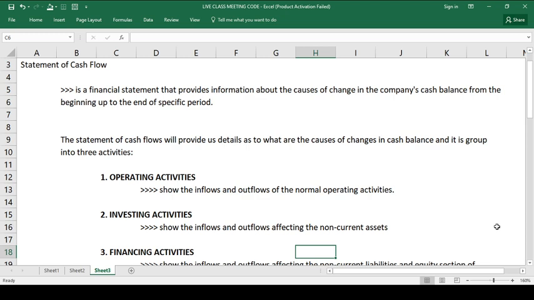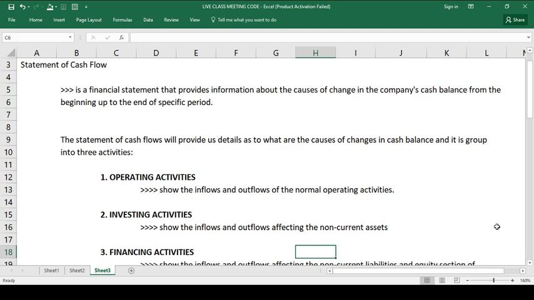So, ibig sabihin, if there were acquisition of properties or selling of properties, because these are non-current assets naman, these are considered investing activities.